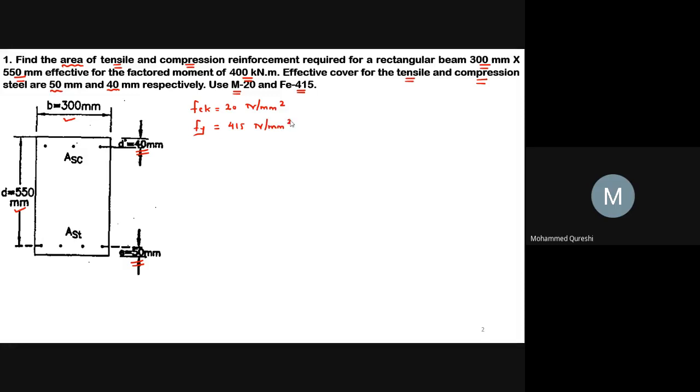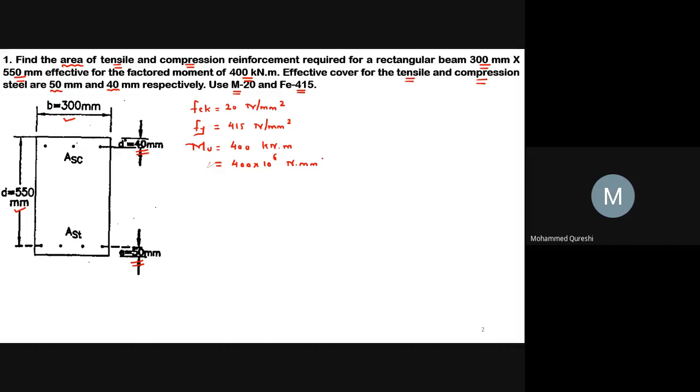As the factored moment is given as 400 kilonewton into meter, we will write Mu equals 400 kilonewton into meter, which equals 400 into 10 raised to 6 Newton into mm.